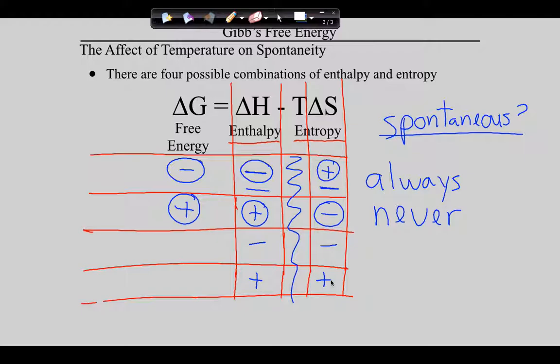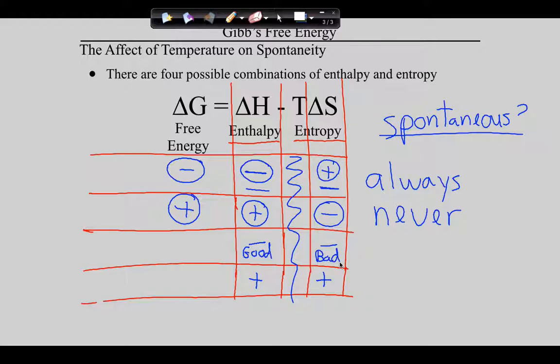Here's the idea. If enthalpy is negative, does that favor spontaneity? Yeah. So I think of it this way, this is good. A negative delta H is good. That favors spontaneity. Guys, what about a negative delta S? Does that favor spontaneity? What does it mean? Disorder is going down. That's bad. That does not favor spontaneity.